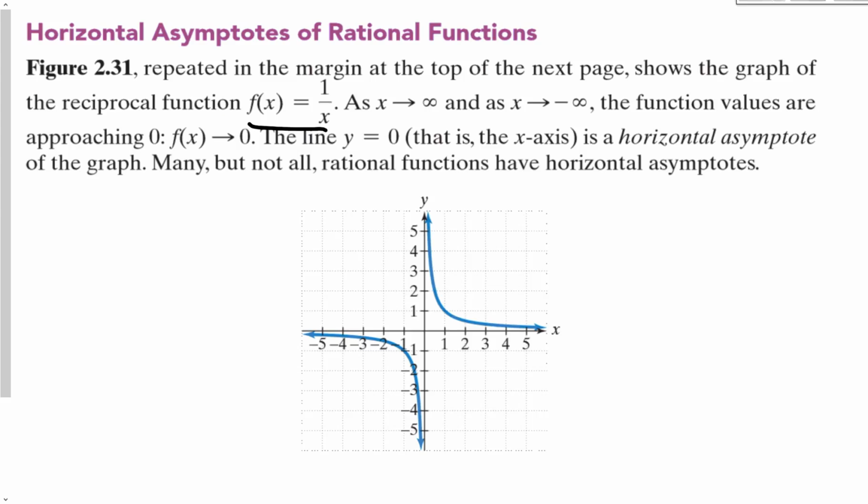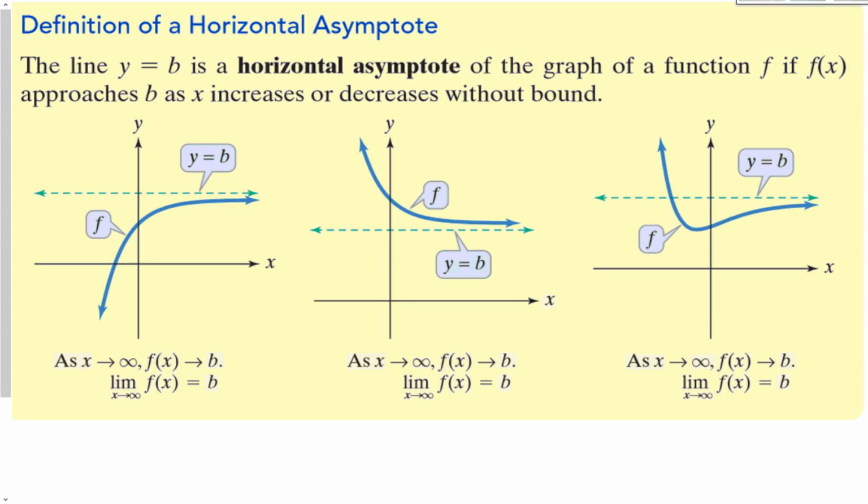The line y equals 0, the x-axis, is something called a horizontal asymptote. The ends of this graph get closer and closer to that line as you go further and further out. Many, but not all, rational functions have horizontal asymptotes. So, what do horizontal asymptotes look like?